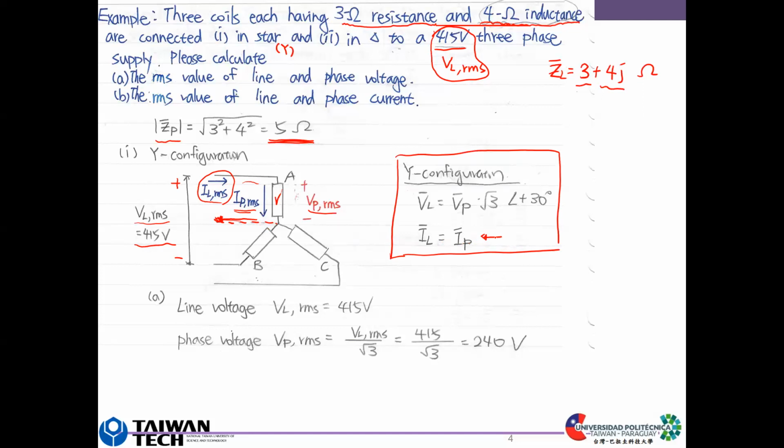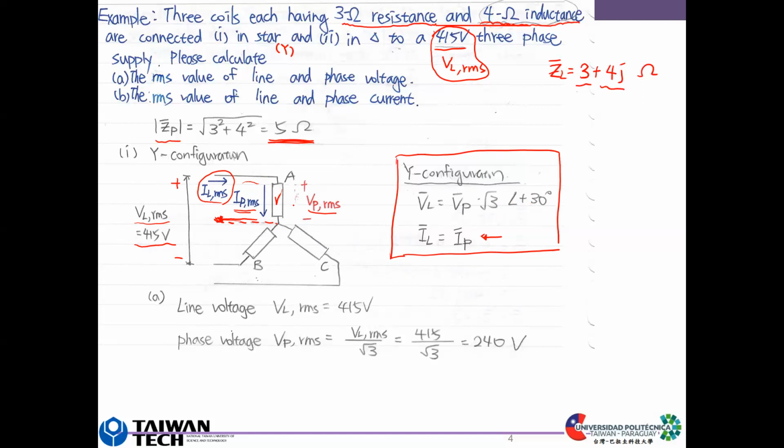And the line voltage equals the phase voltage multiplied by square root of 3, with a plus 30-degree phase angle. To help you memorize this, you may be asked about either Y configuration or delta configuration.